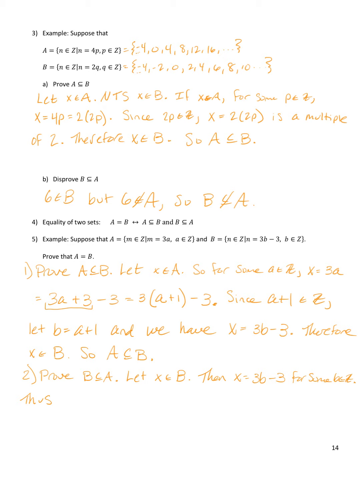Thus, x equals 3b minus 3, which can be rewritten by factoring out the 3, and you get b minus 1. And b minus 1 is an integer.